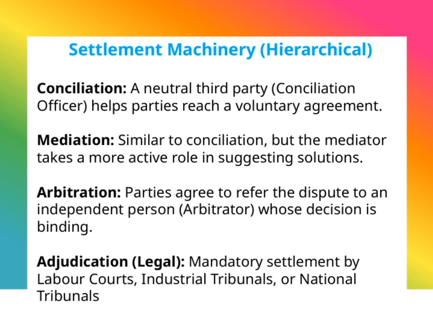These legal bodies have the authority to make binding decisions when other methods haven't resolved the dispute. Together, these mechanisms form a hierarchy that provides multiple avenues for resolving workplace disputes, from voluntary agreements to legally binding decisions, helping ensure order and fairness in industrial relations.